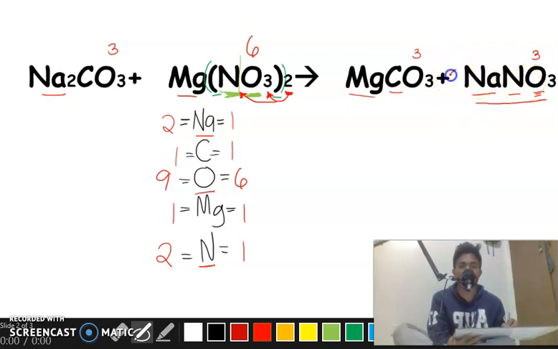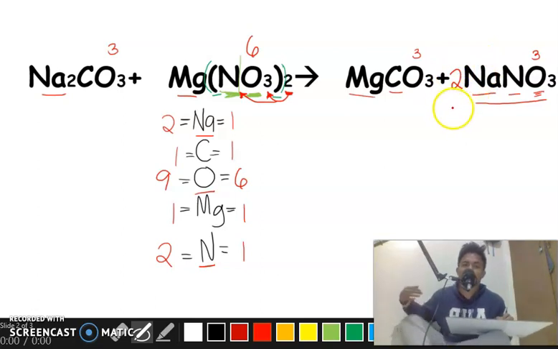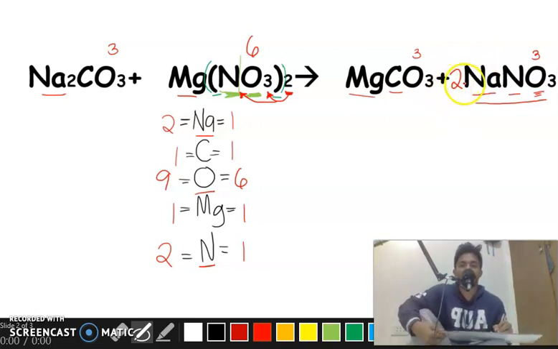So actually, one of the best ways to do balancing is maybe you should start with 2, then you add 3, 4, until you get to the number that you desire. So 2 times 1, it's going to be 2. Your sodium becomes 2. 2 times 1, your nitrogen becomes 2. 2 times 3, your oxygen becomes 6.